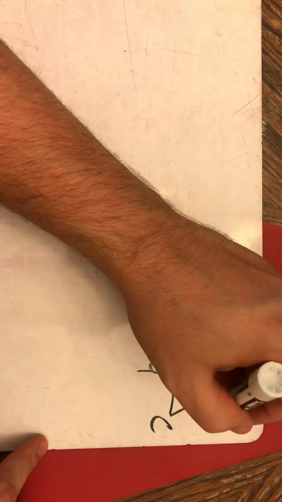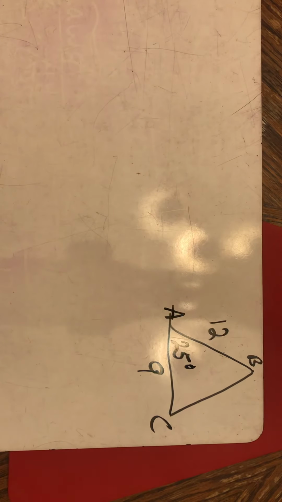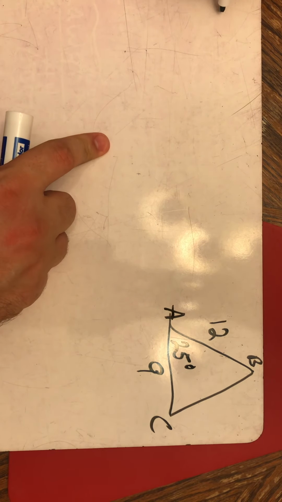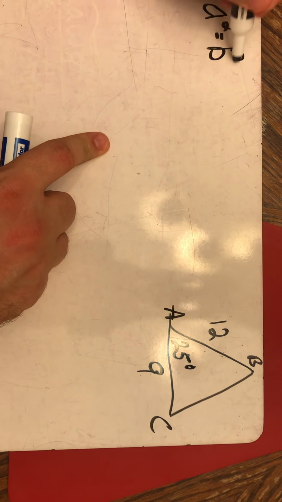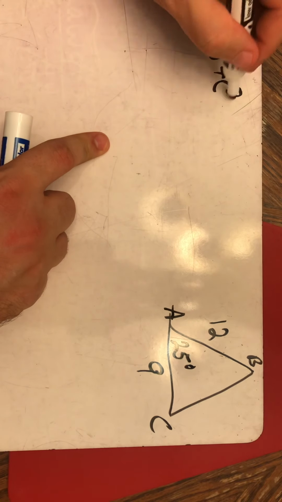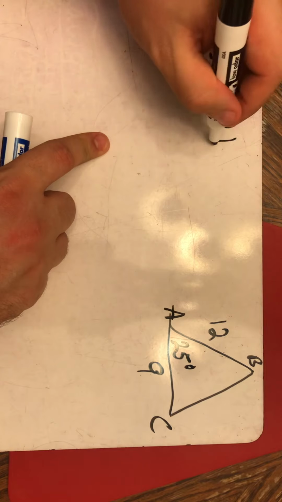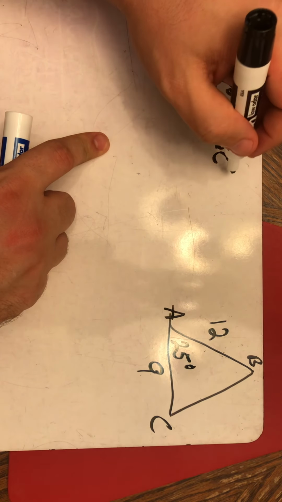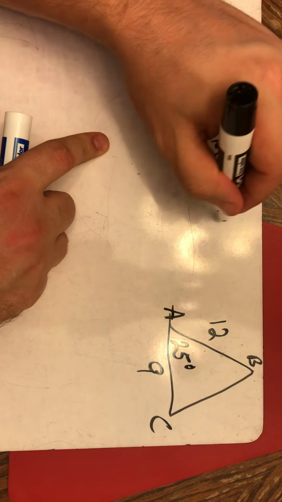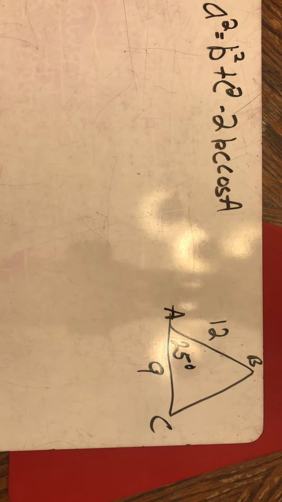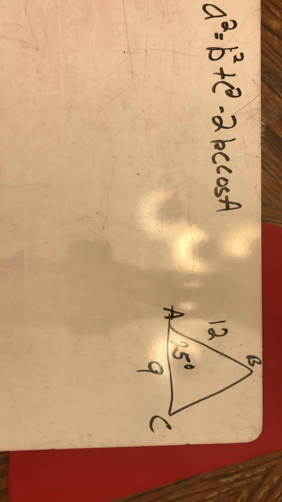Here, I want to find side A, which means I'm going to use the law of cosines to find the side. So we're going to find A squared. That is equal to B squared plus C squared minus 2BC cosine of A. Means we have to get A by itself using this information.